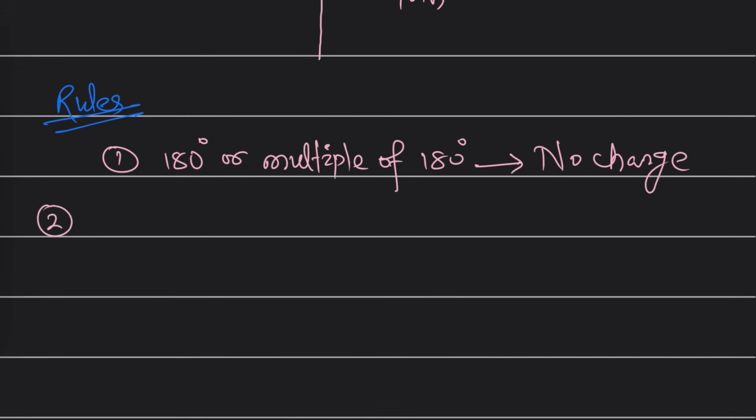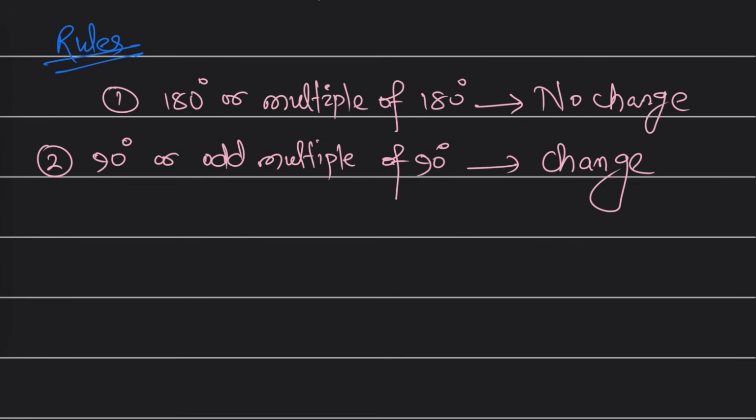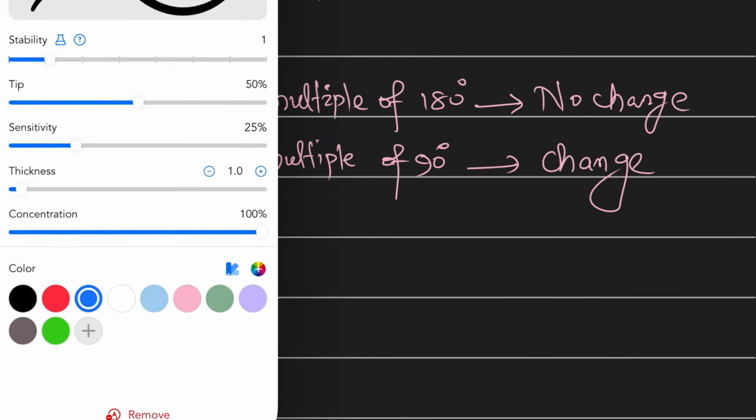Rule number 2: whenever you observe 90 degrees or an odd multiple of 90 degrees, then you will say change. What change, sir? Let me show you. Very interesting things I am going to discuss.